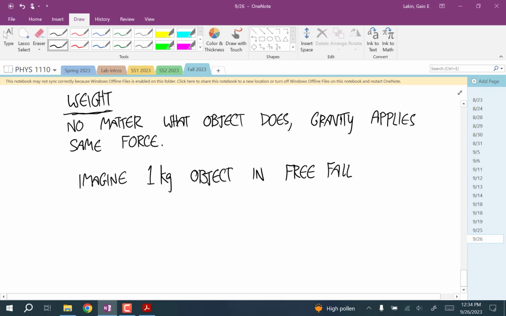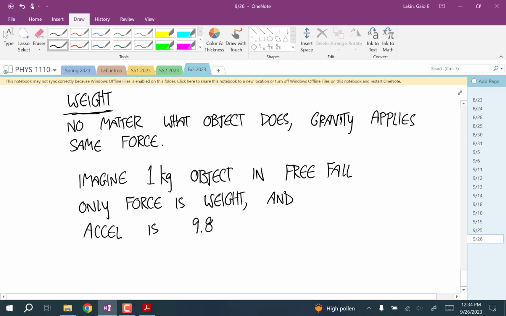So the only force is the weight. And the acceleration is 9.81 meters per second squared.